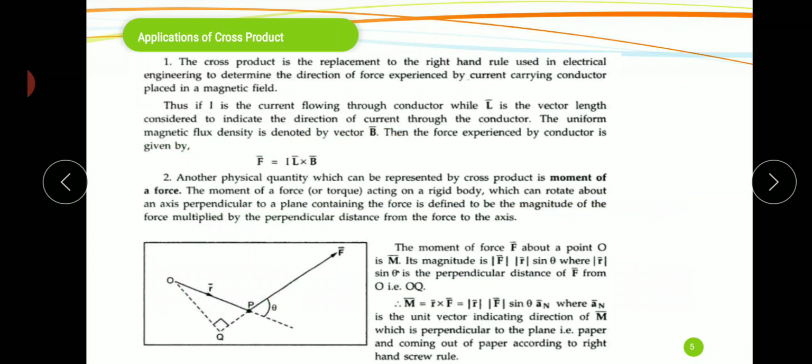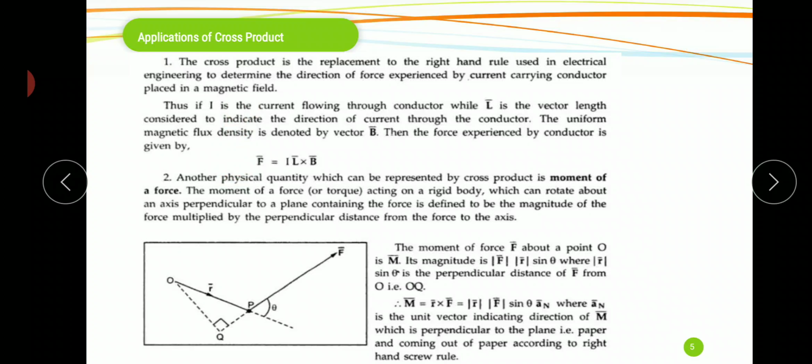Because force is also a vector, F bar can be represented with the help of a cross product as I L cross B bar. So this is one of the applications of a cross product. By using this formula, we can easily find the magnetic force experienced by a conductor carrying a current I when it is placed in a magnetic field.